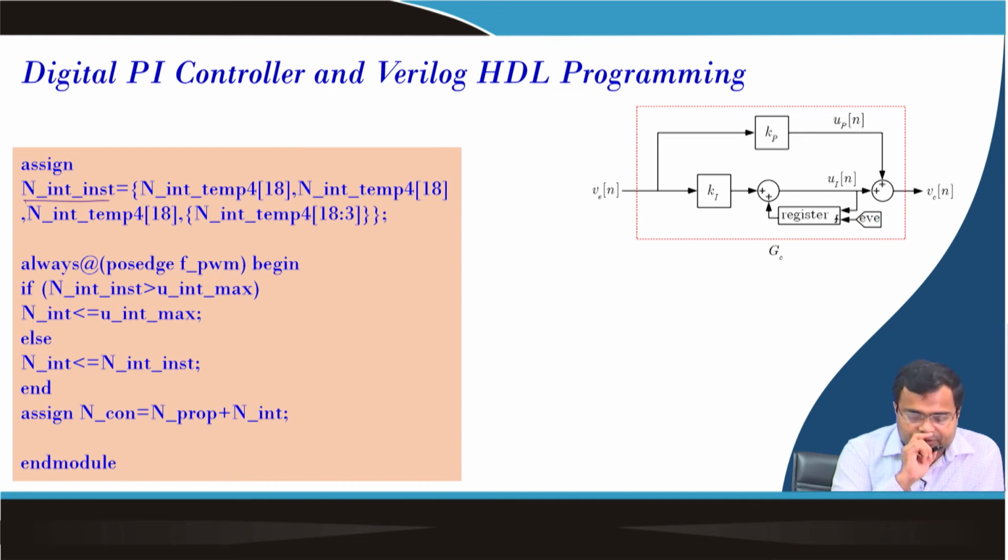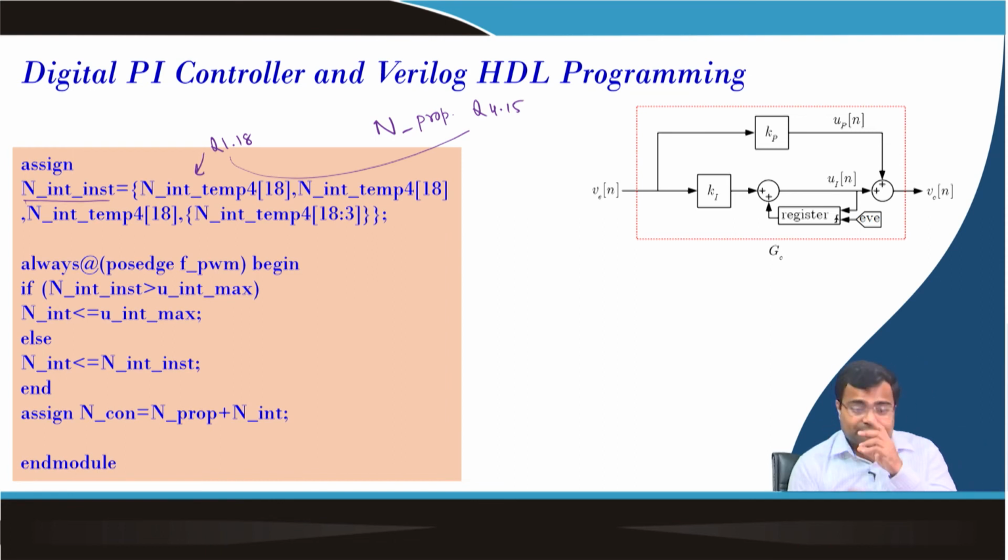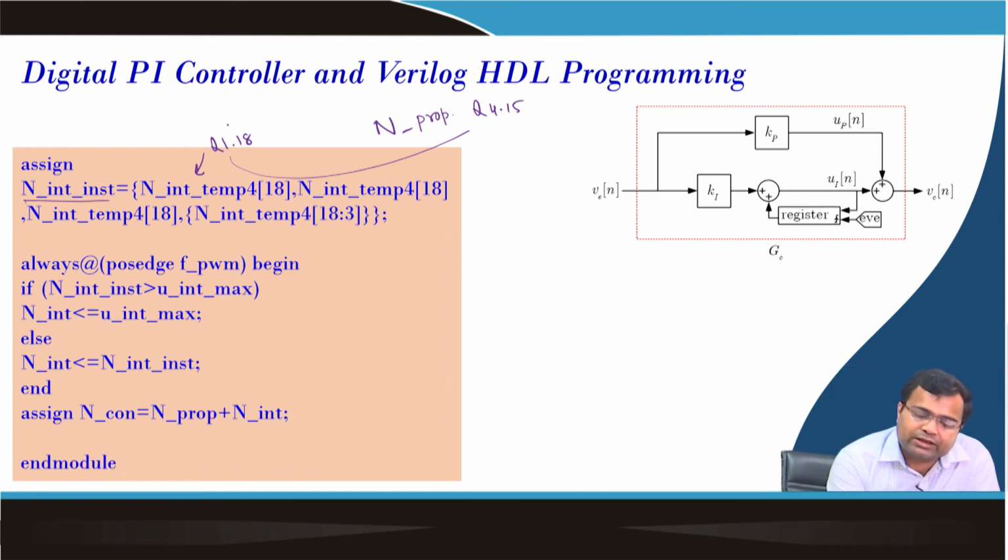So, the instantaneous value, since we have n this one, this was Q1.18, but the proportional term that we got, that means n proportional, we got Q4.15. So, we need to take this into this format. So, we need to match this format. So, we need to convert this Q4.15 to match this.